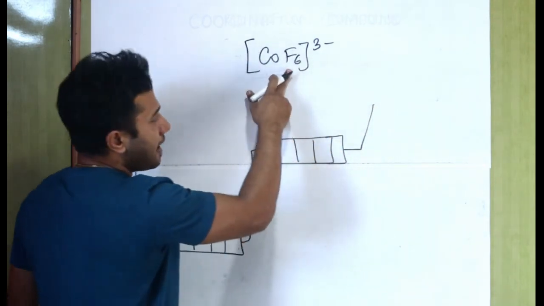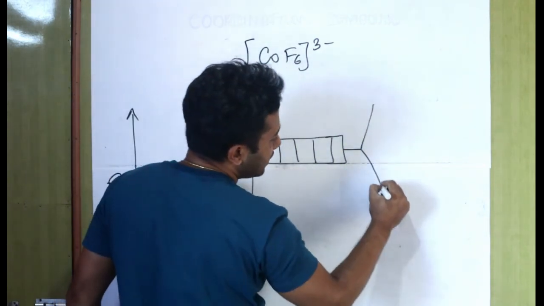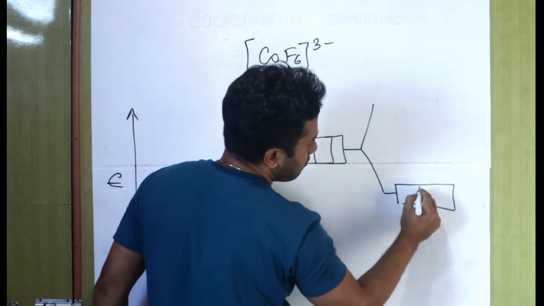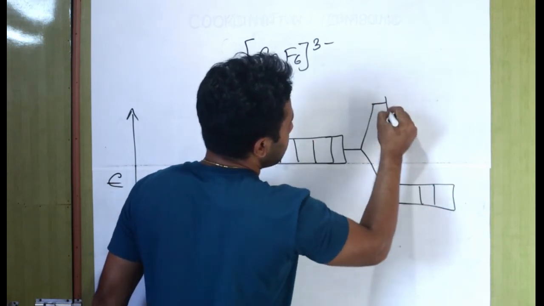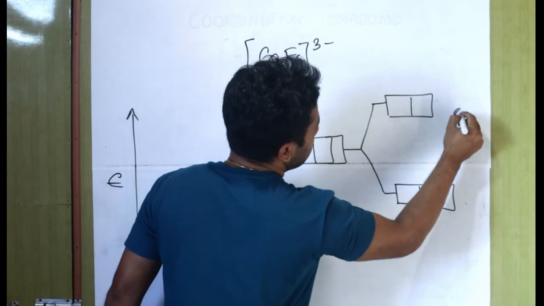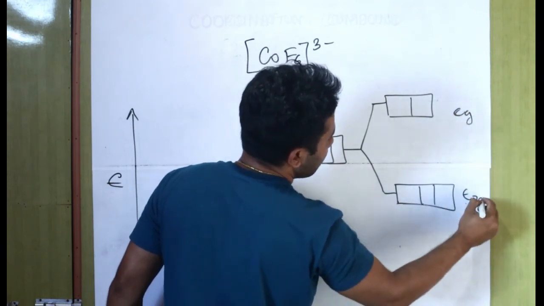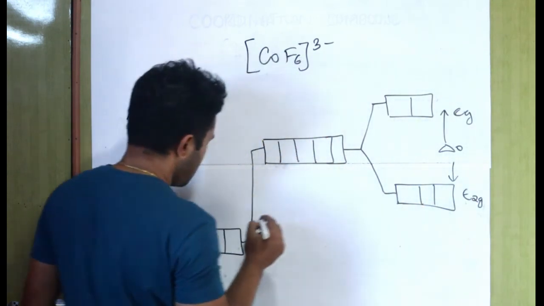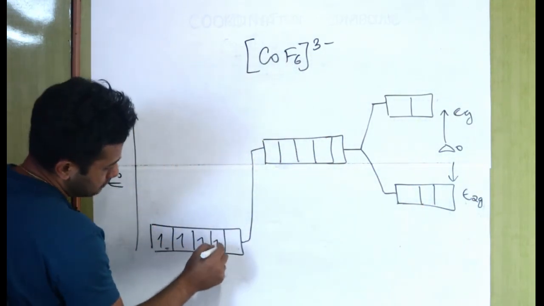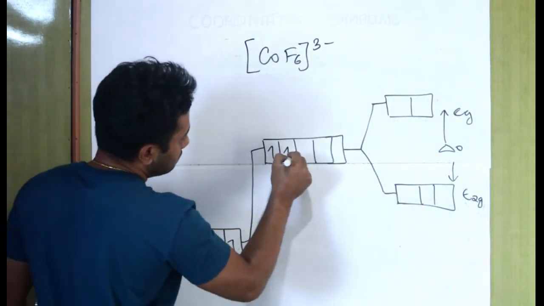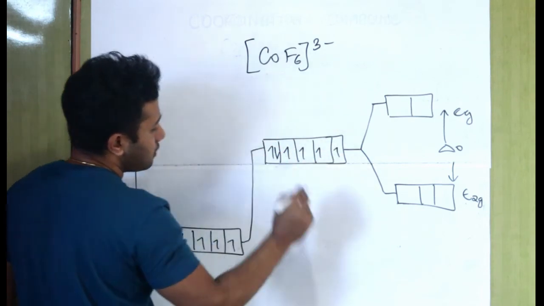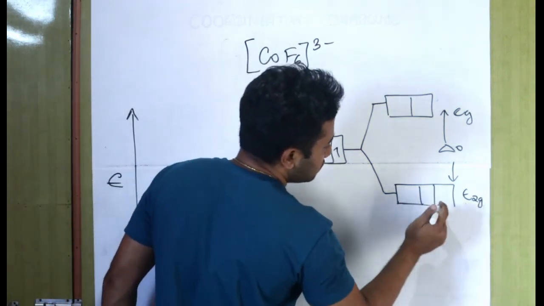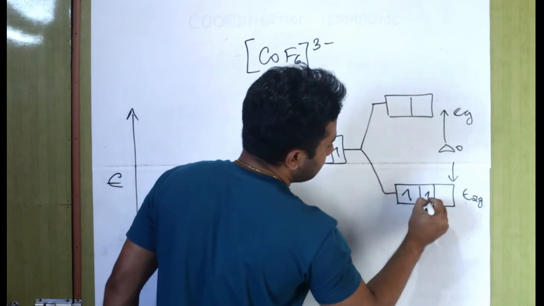Since F is a weak ligand, the energy gap will be smaller. Now we have 6 electrons. The first 3 electrons will enter T2g.